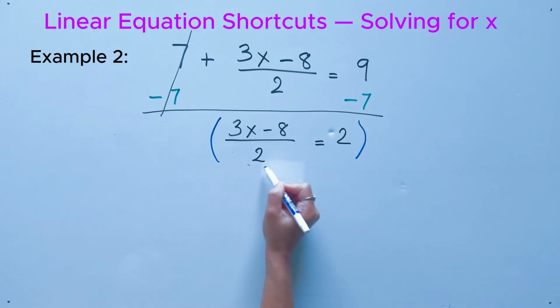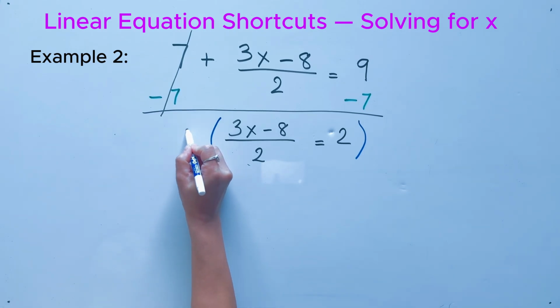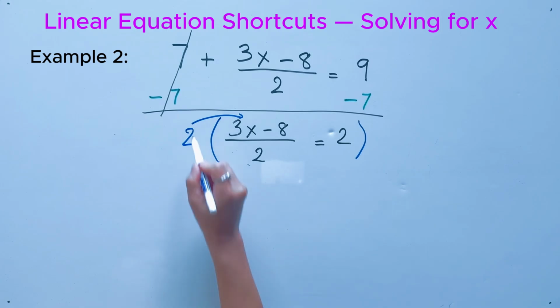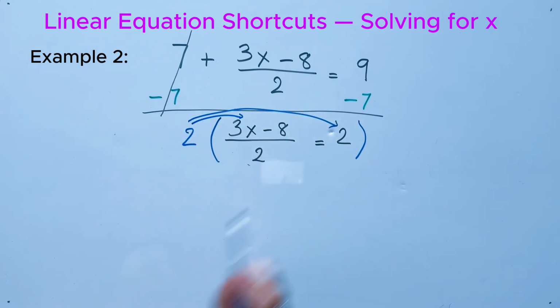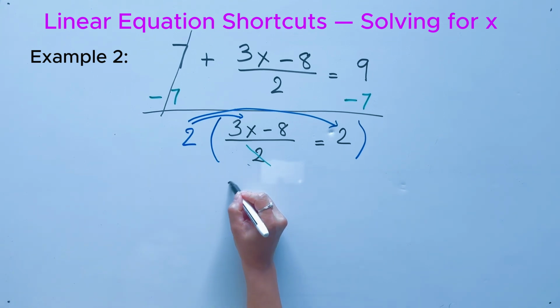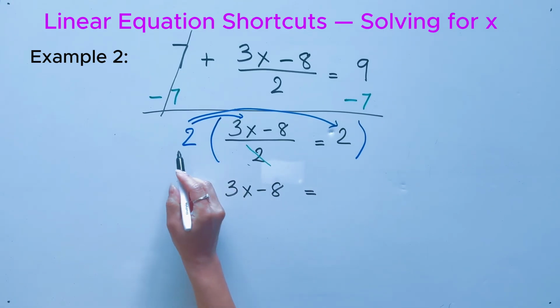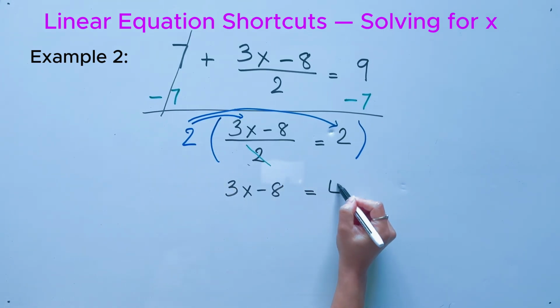Again, every time you see a fraction like this, you can multiply by the denominator to get rid of the fraction. So you multiply by 2. You multiply in. Okay? Now, 2 and 2 here, you cancel this one out. So you have 3x minus 8 equals 2 times 2 is 4.